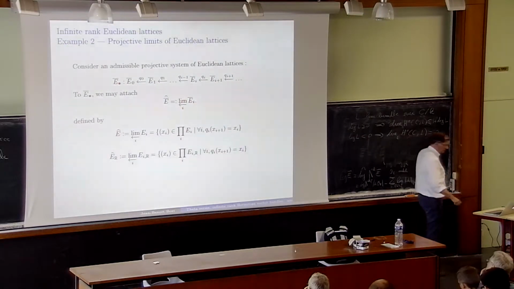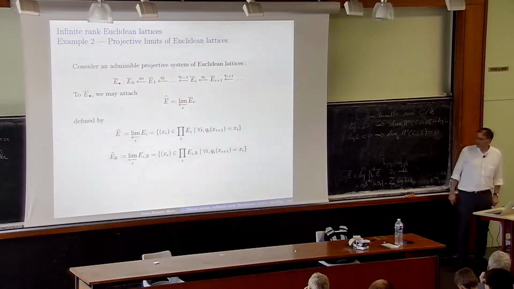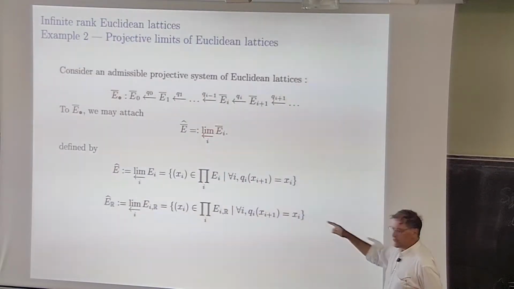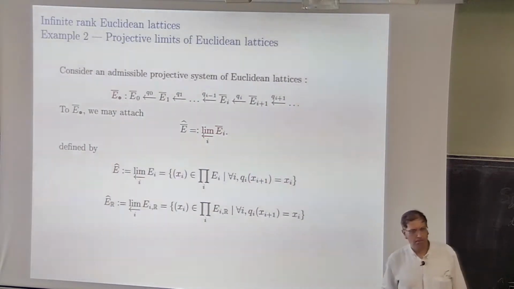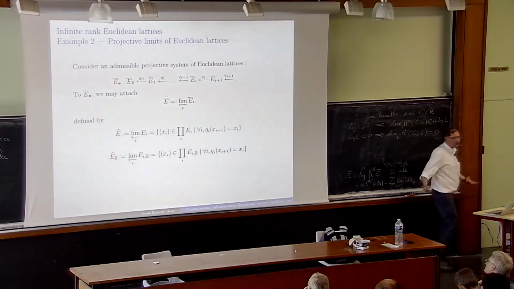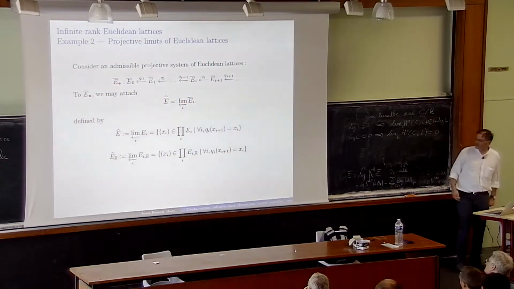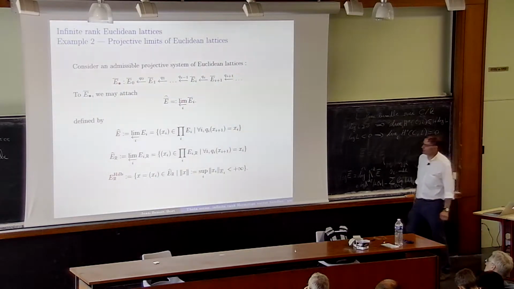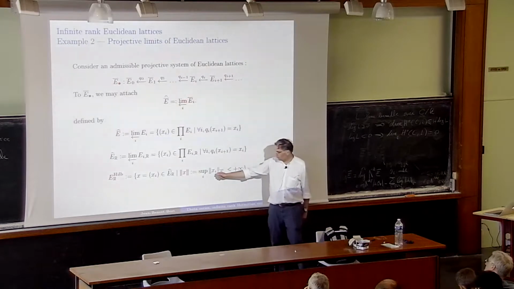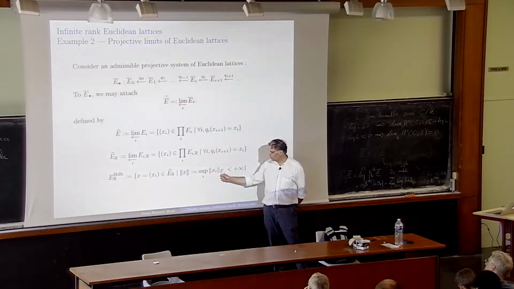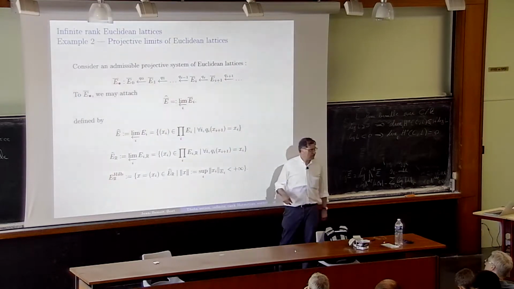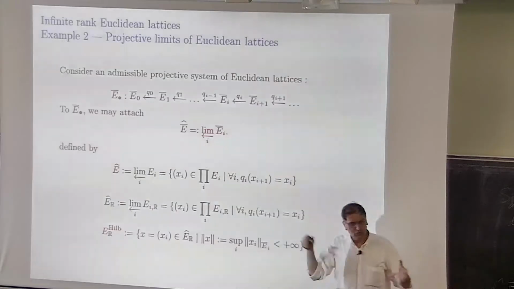But you may observe that on every EiR, you are given some Euclidean norm, because they belong to some lattice. Inside this projective limit, you may consider a subspace: the subspace of sequences such that the sequence of the norms of the elements of the sequence, this sequence by definition is non-decreasing because the elements project onto each other.